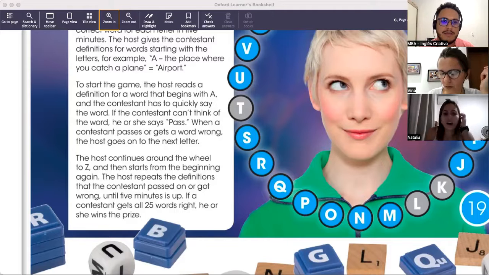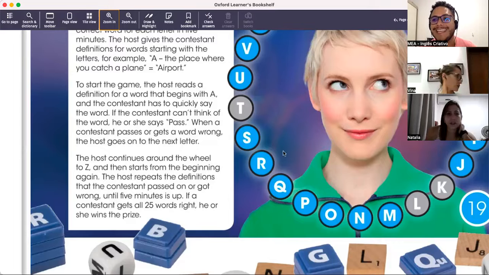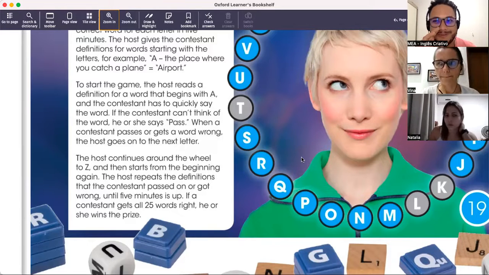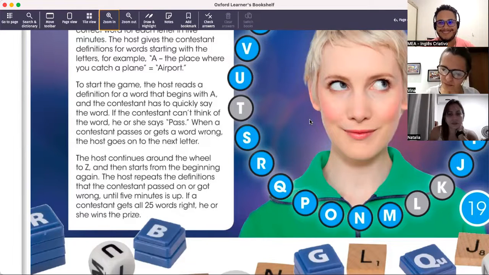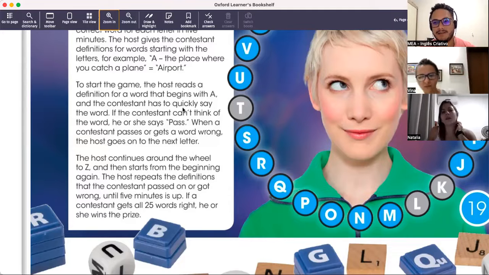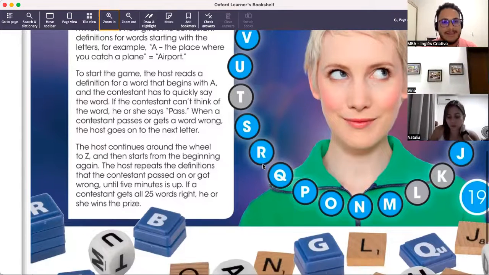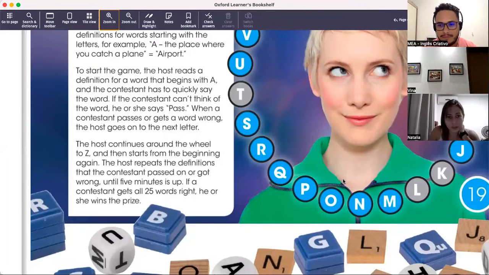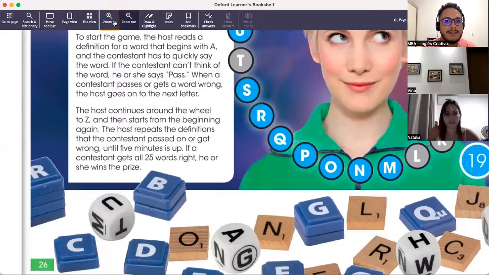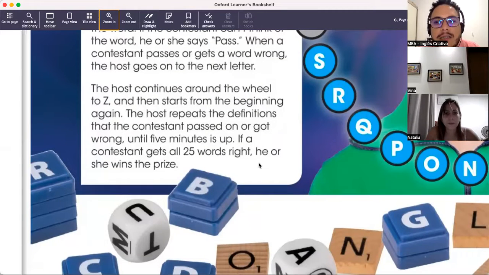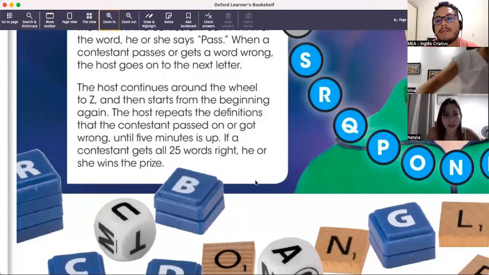The host repeats the definitions that the contestant passed on or got wrong until 5 minutes is up.